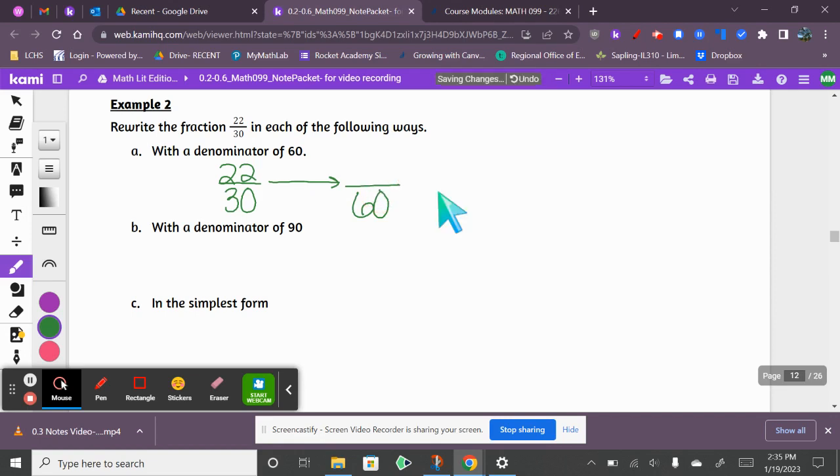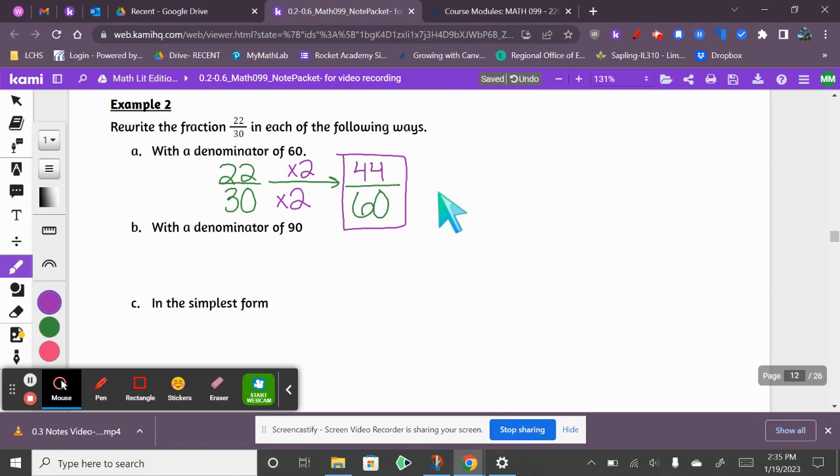In order to change it to an equivalent fraction, I'm going to ask myself what I have to multiply or divide by to get from 30 to 60. And it's okay if you guess and check with this. So we can see that we would multiply by 2. And if I do that to the bottom, then I also need to do that to the top. So I get 44 over 60, which would be my final answer.